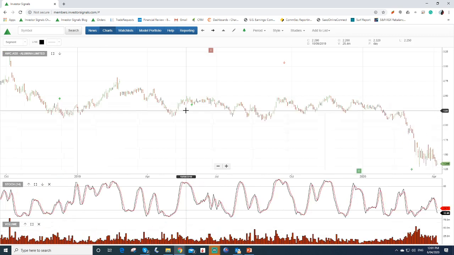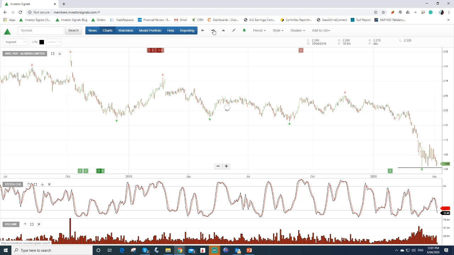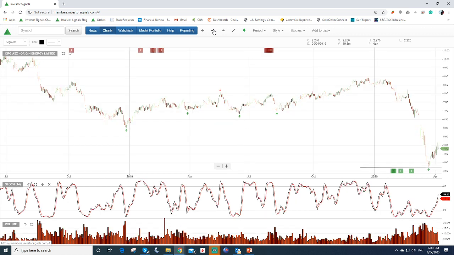QBE not doing there at present. Lumina not doing there. Origin Energy, so if we assume that oil softens a little over the next 48 hours, but starts to firm maybe around Thursday, assuming we get the meeting proceed and the production cuts occur, and sometimes these can be dragged out negotiations with OPEC, but normally they do get concluded.